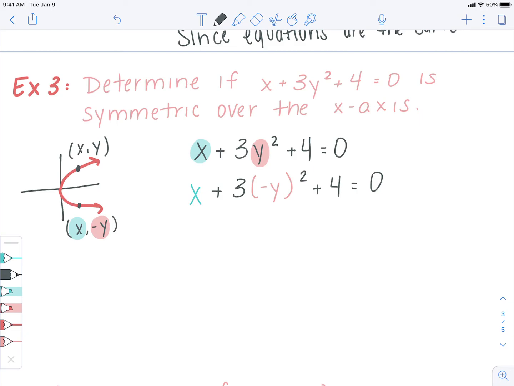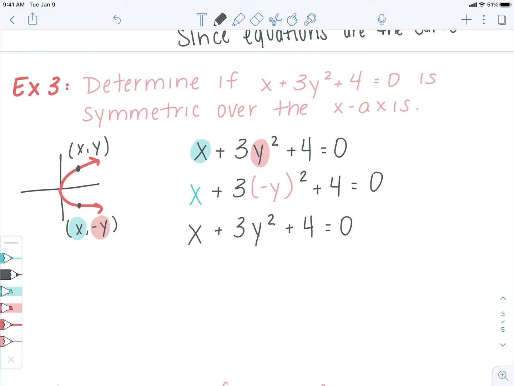And then I just want to go through and make sure that it still comes out to be x plus 3y squared plus 4. I didn't change my x, I just changed its color. Still an x. And I know from the last problem that when I square a negative, it makes it positive, right? So I really still have 3y squared here plus 4 equals 0. So even though I plugged in a negative y, it didn't change my equation at all, so this is symmetric over the x-axis.